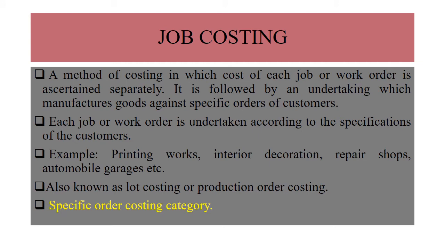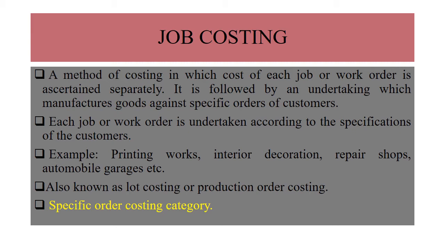Job costing is a form of specific order costing under which each job is treated as a cost unit and costs are accumulated and ascertained separately for each job. A job may consist of a product, batch of products, contract, a service, or any other specific order.